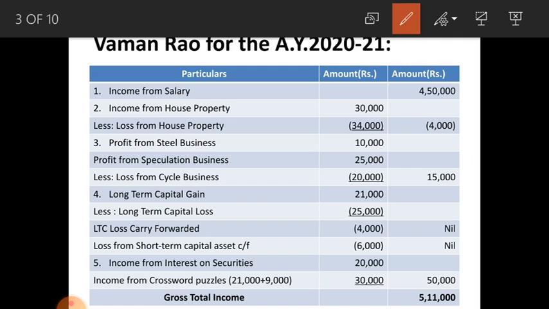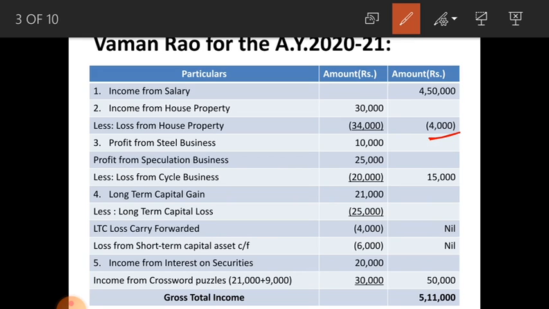Here 4,000 loss is remaining. This 4,000 can be set off against any other head of income. That is why you can directly write that loss amount in the second outer column. You can set off this against salary income also.